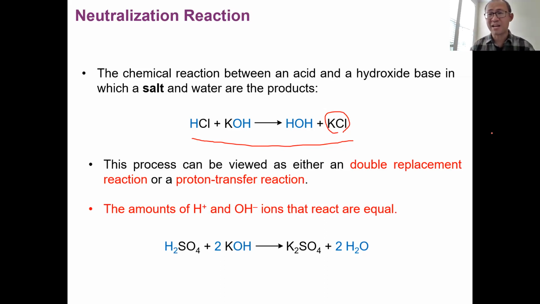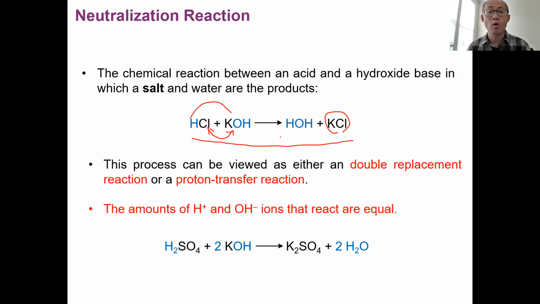This neutralization reaction can very easily be understood as a double replacement reaction. If you forget about double replacement, go to the first part of chapter 9 and take a look. Double replacement means you're swapping the partners, the ions. H combines with OH, K combines with Cl.